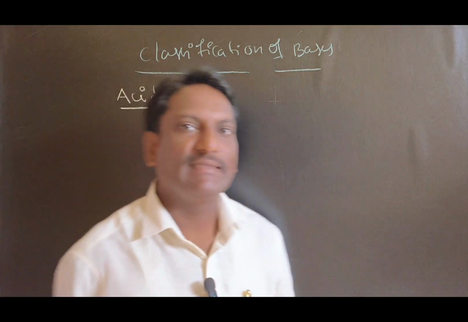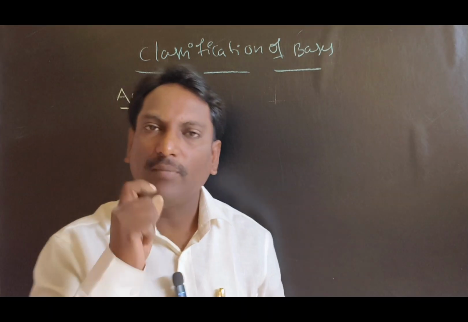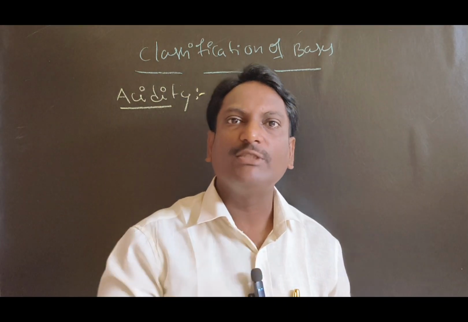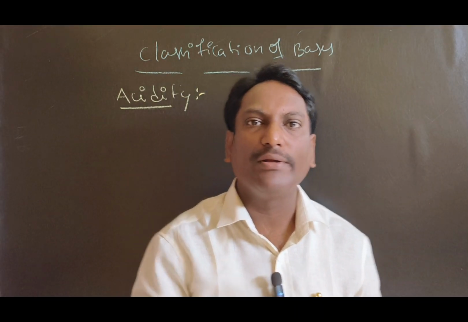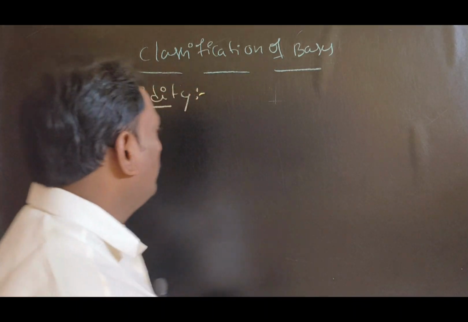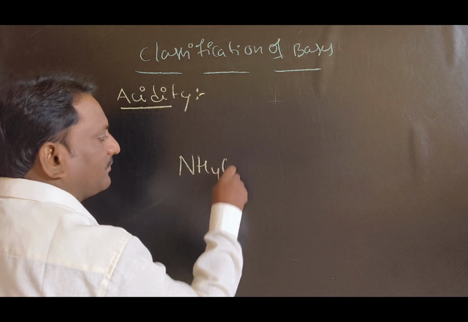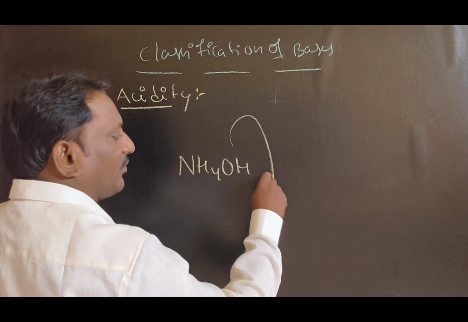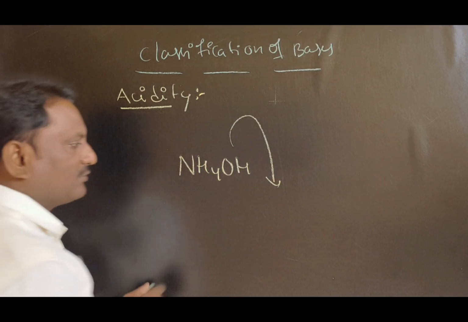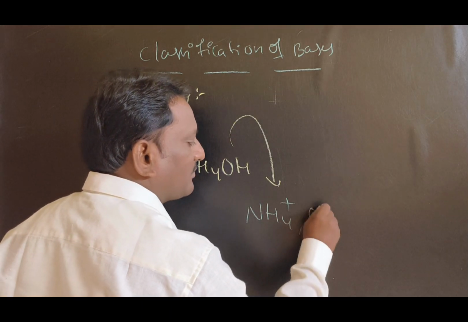So what is meant by acidity? Acidity means the number of OH minus ions given by one molecule of base. For example, let us assume I am dropping ammonium hydroxide in water. It is ready to split up into ammonium ion and OH minus ion.